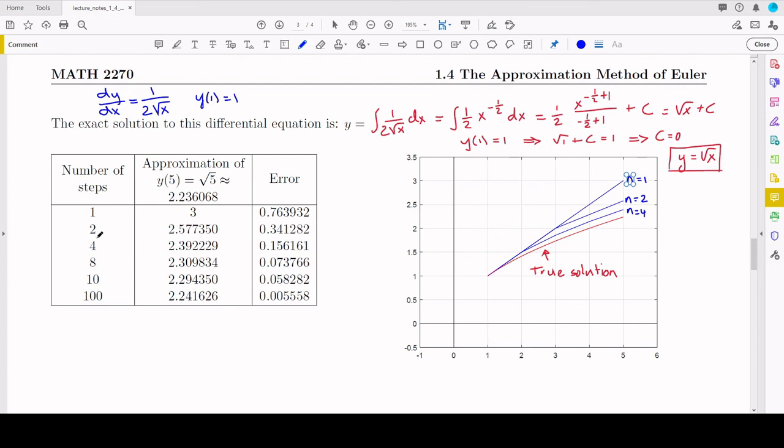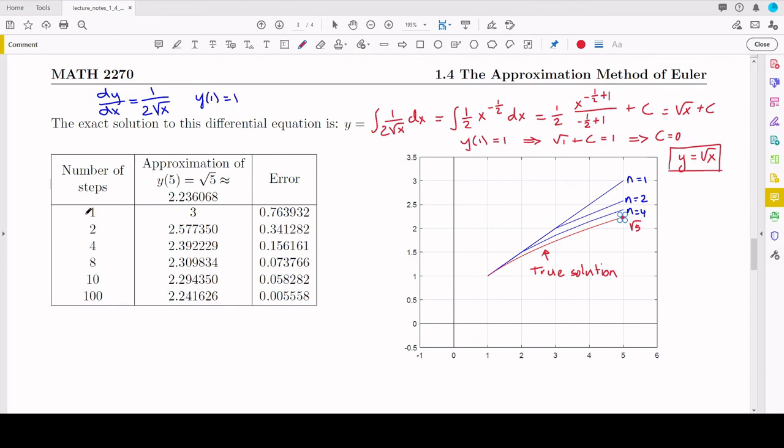And here in this table, I've cranked up the number of steps, which is easy to do if you implement this on a computer. And what you can see is that the true solution here on the right, the value at 5, this point right here, has a y coordinate of square root of 5, which is approximately equal to 2.236068.